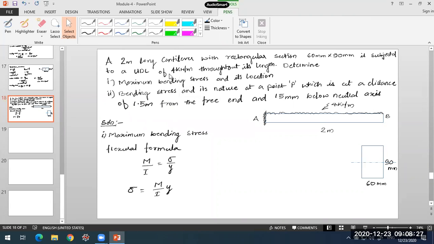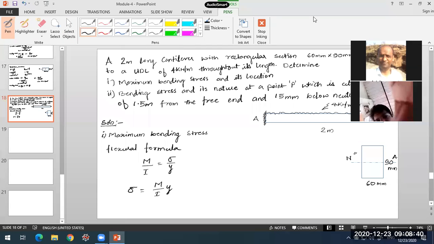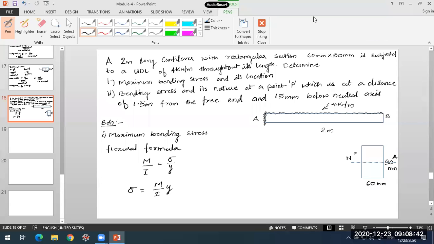So for a straight beam, neutral axis coincides with the centroidal axis. So first I'll locate the neutral axis, which is the centroidal axis itself. So it will be at the center, that is at a distance of d by 2 from both the ends. So d by 2 over here and d by 2 over here.